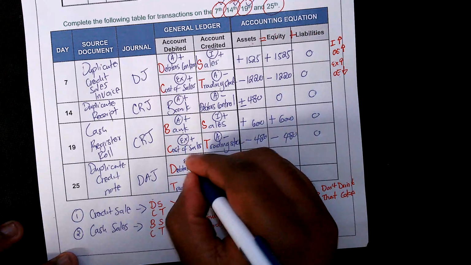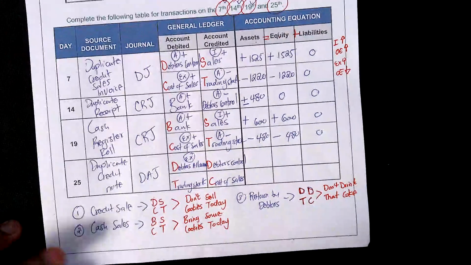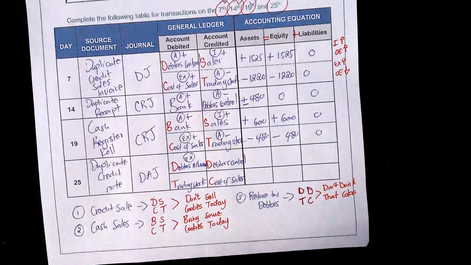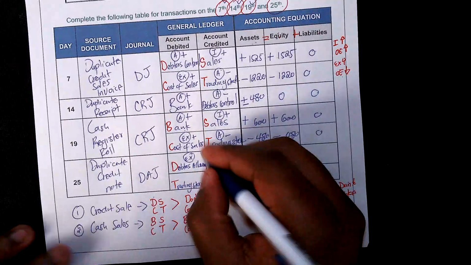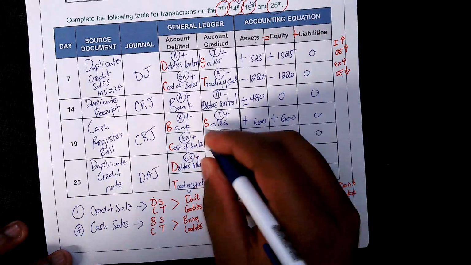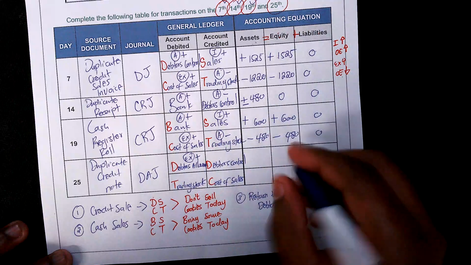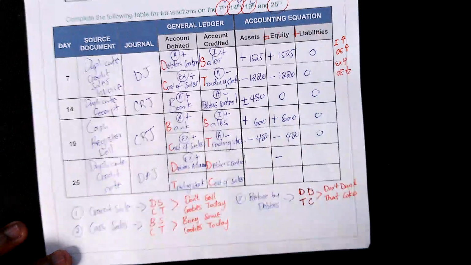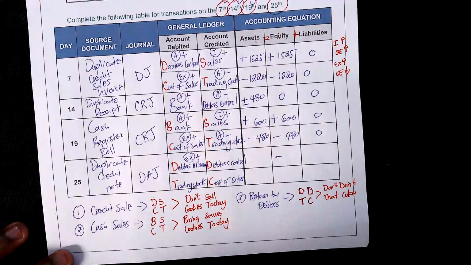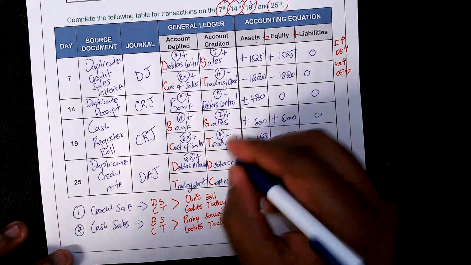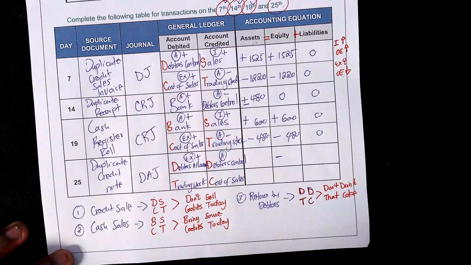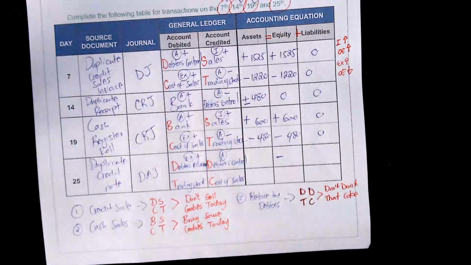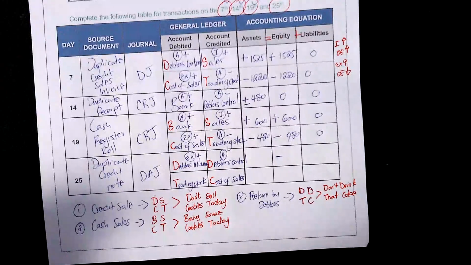Let us analyze. So debtors allowance is an expense. The business is losing the income that it had made, so they have to cancel it. So it's treated as an expense. So this expense is on the debit. That means it's increasing. But we know that when expenses are increasing, owner's equity is decreasing. And then debtors control is an asset because debtors are returning the goods. That means the amount that they owe to the business gets reduced.